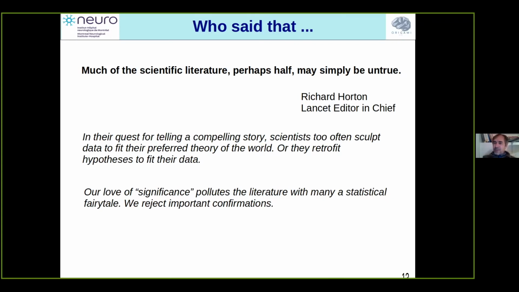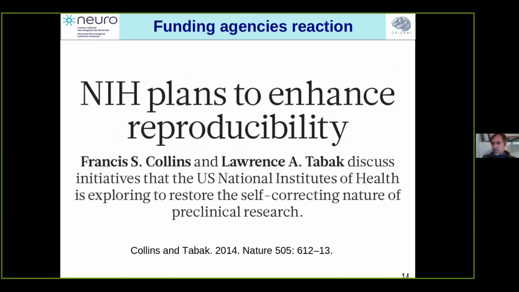If it can go to that level of consciousness, I think it is clear that we have a big problem in irreproducible science. All those things have led to quite some response by funding agencies, the Wellcome Trust, NIH, and many others. And I think that paper, the plan for enhanced reproducibility by Collins and Tabak, is one sign of that.